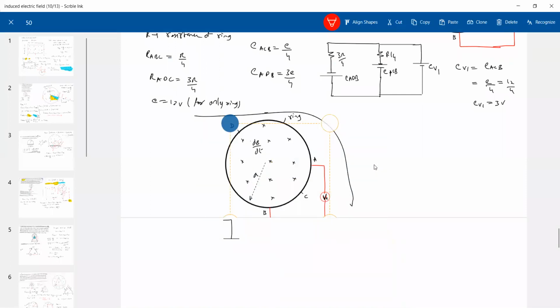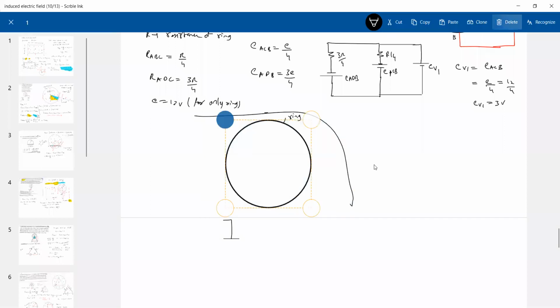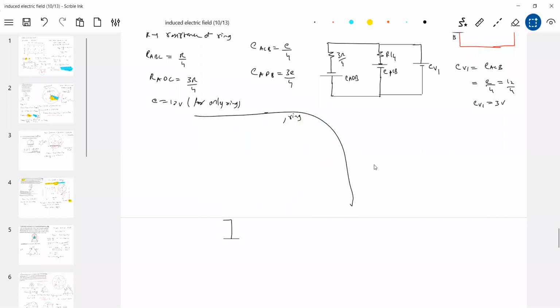Resistance of the ring is needed, no? The ring will have resistance, no? If you say that the ring does not have resistance, then only the EMF is being discussed. I just gave a circuit diagram. Otherwise, I would have directly said the answer, 3 volt. How 3 volt? How should I explain?